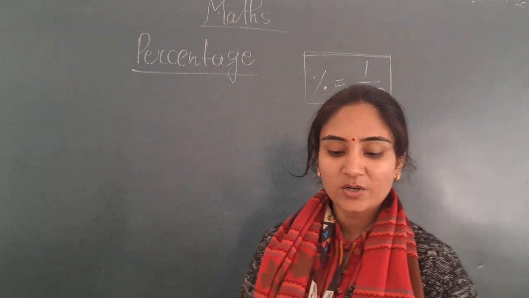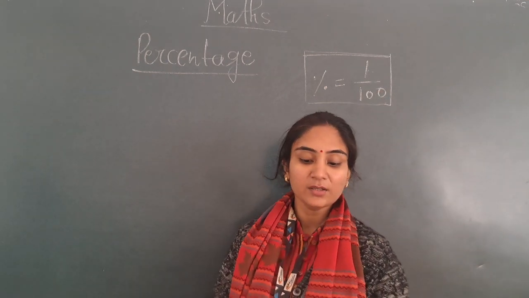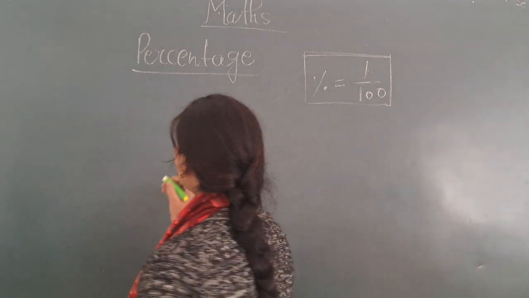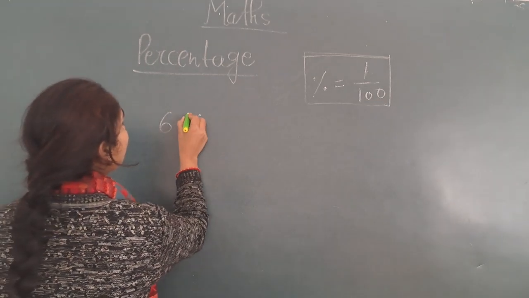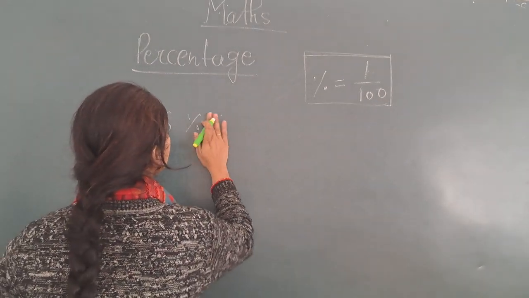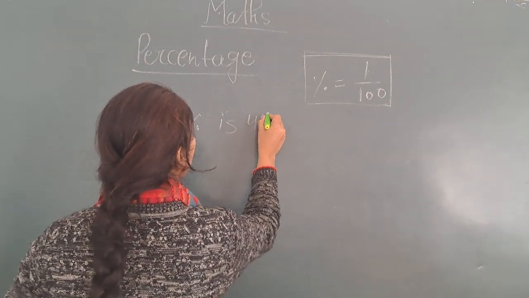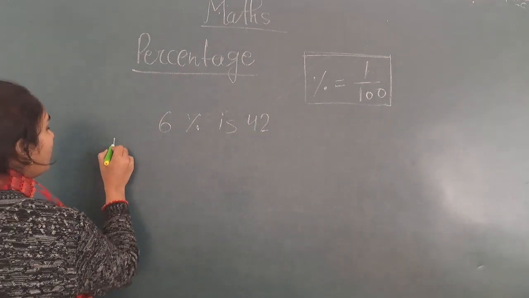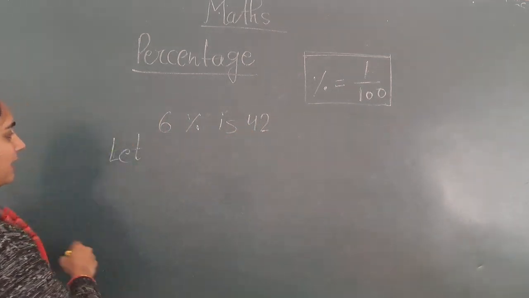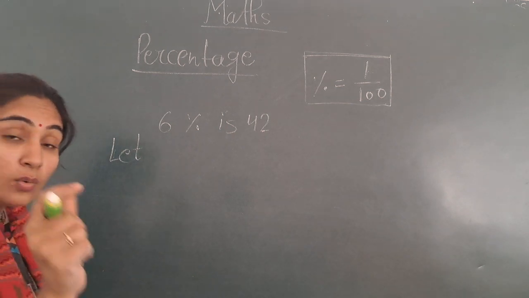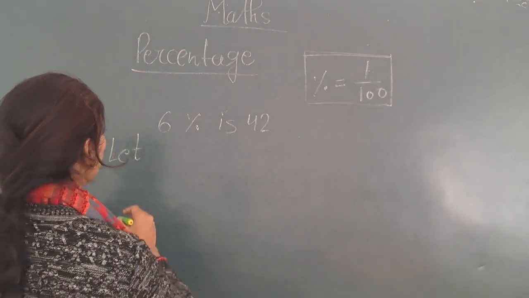Now the next example: find the number whose 6% is 42. We will assume that x is the number whose 6% is 42.